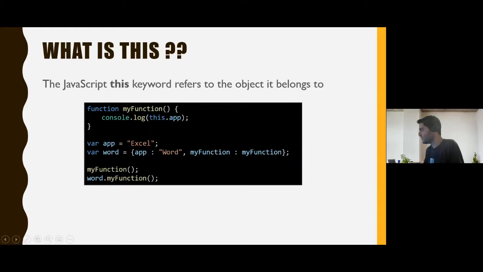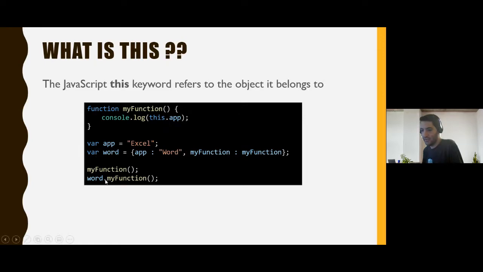So remember when we talked about this as an object property, and I remind you that we talked about how it doesn't matter where it was declared, but who called it. So in the first one, I call myFunction from the global scope. And I have in the global scope a variable called app. This is why this.app is going to be Excel.